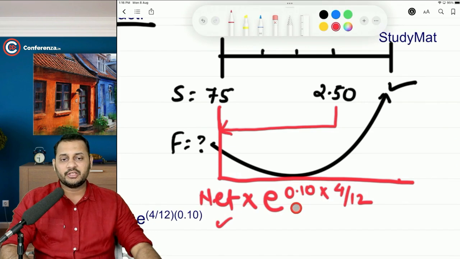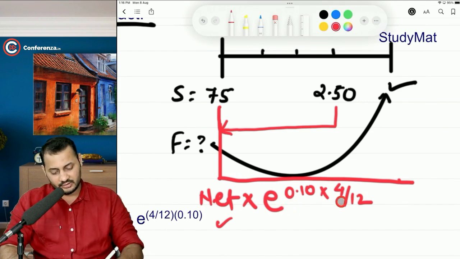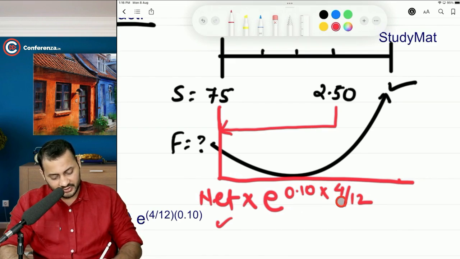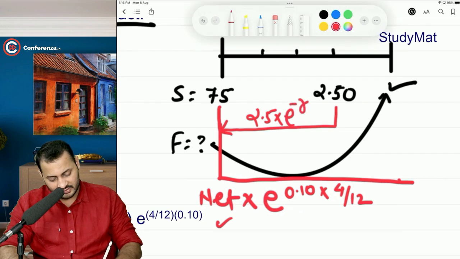How to calculate the present value? See, future value is calculated by taking a positive figure in the power and the present value is calculated by taking the negative figure in the power. So it will be like this: 2.5 multiplied by e to the power minus RT.